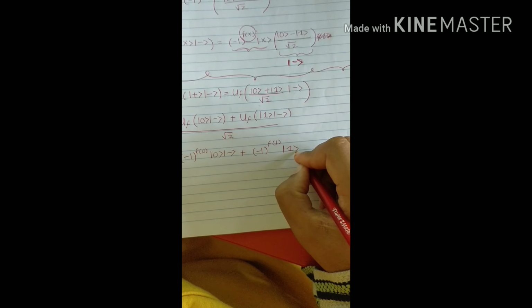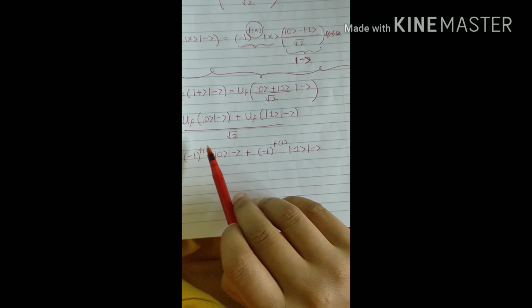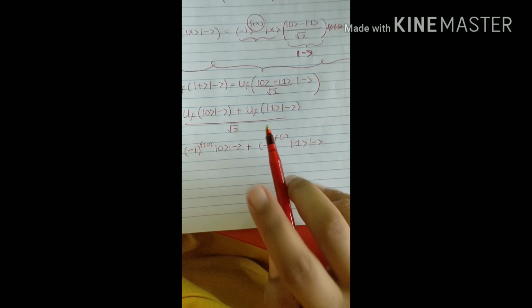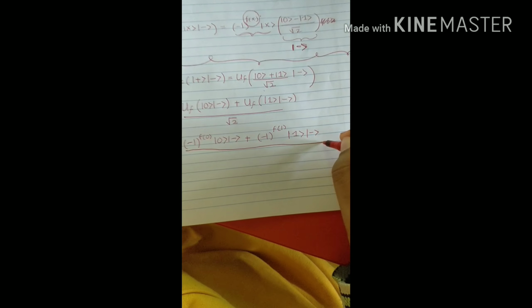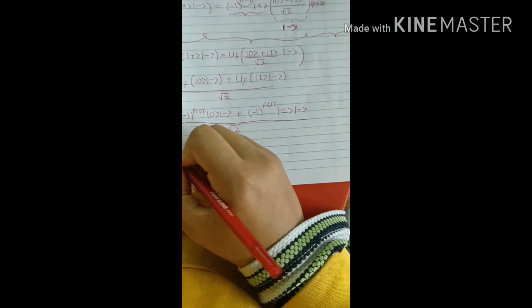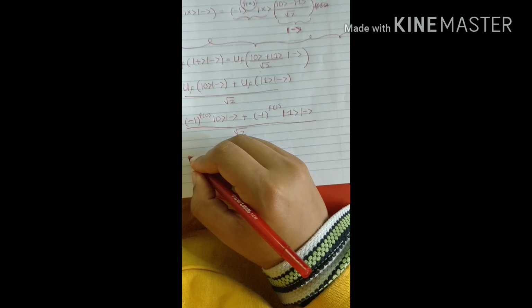And remember, all of this is happening in a single pass. So look right here, we evaluate f of 0 and f of 1 at the same time. This is all over root 2.